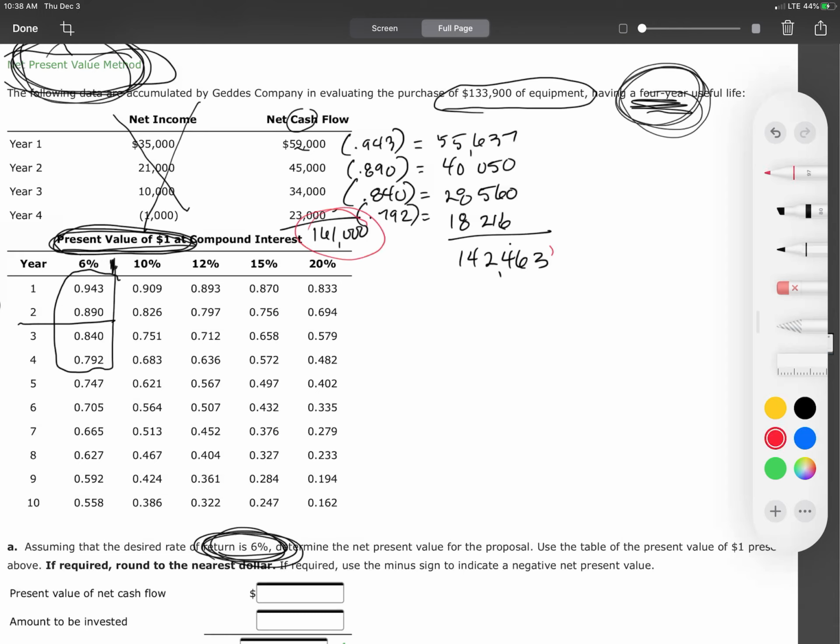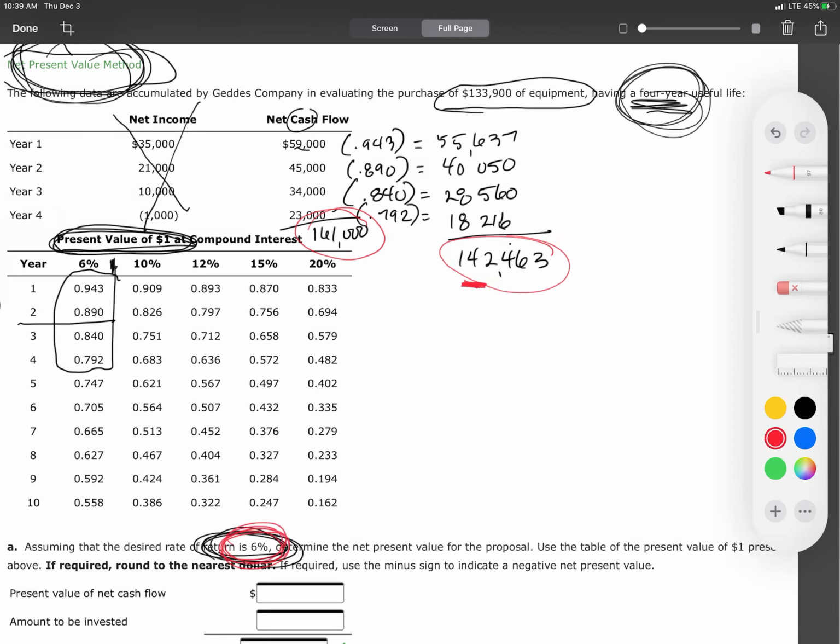Let's pause here a moment. Compare this number with this number. We will receive 161 over time, and that is the equivalent of receiving 142 right now. In other words, receiving 161 over time will enable you to buy what 142 could buy today if you had the cash today.